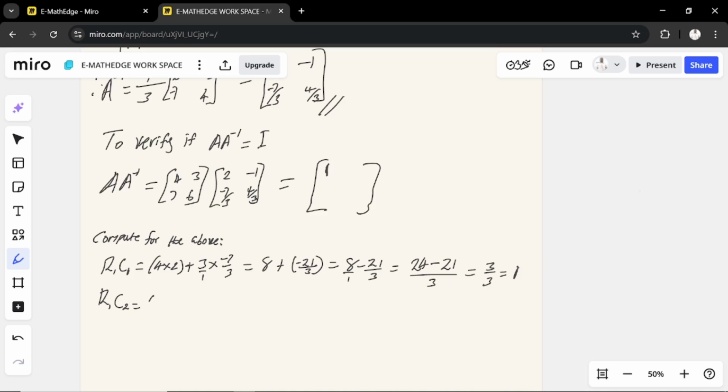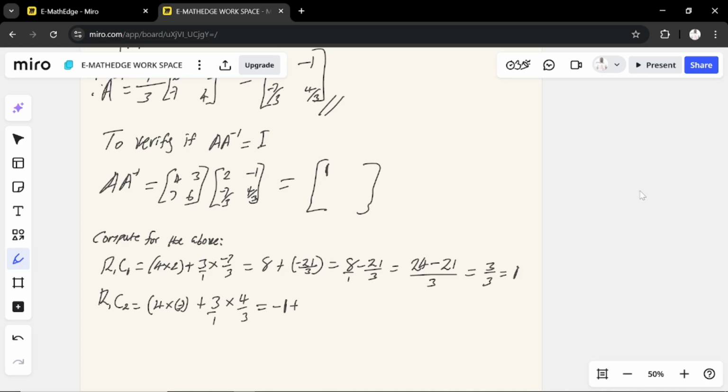It's going to be 4 multiplied by negative 1 plus 3 multiplied by 4 all over 3, right? 4 multiplied by negative 1 is going to give us negative 1.